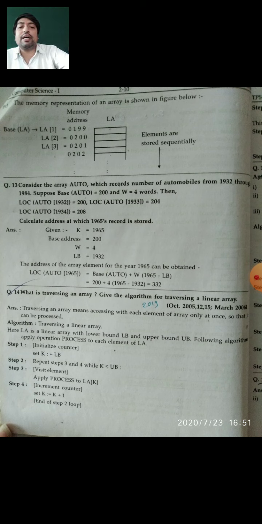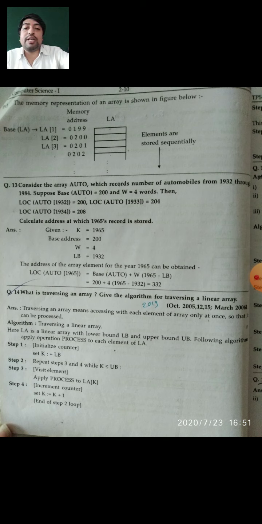Then we can see the example. Consider an array auto. Auto is the name of the array, which records the number of automobiles from 1932 through 1984. Suppose the base of auto is 200 and W, the words per memory location, we already know, is equal to 4.